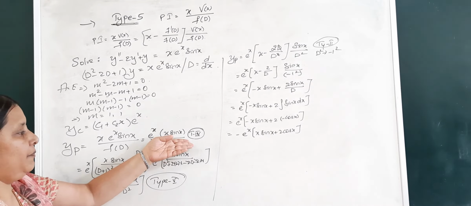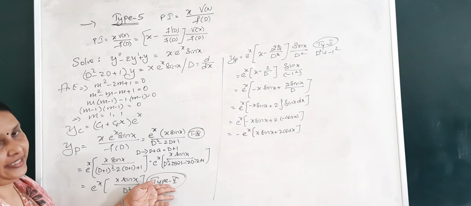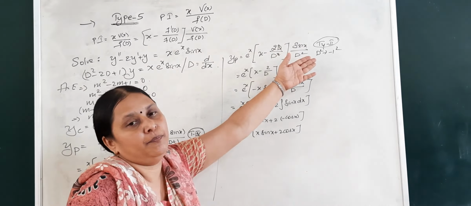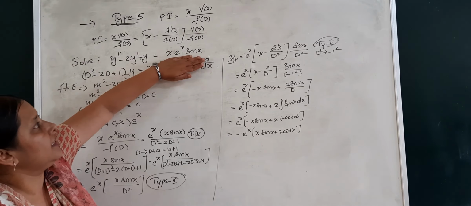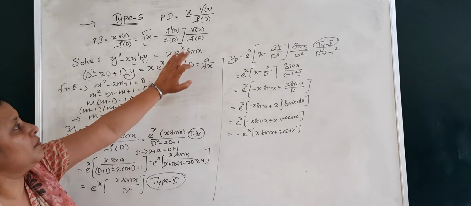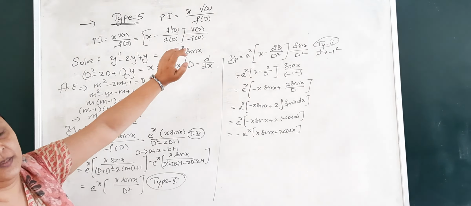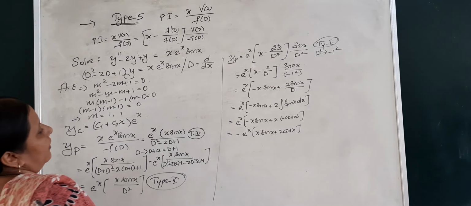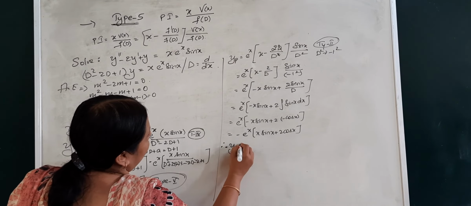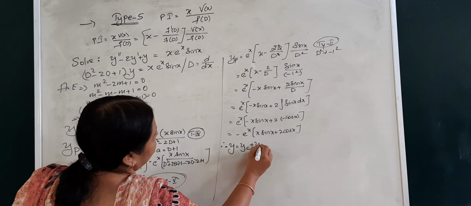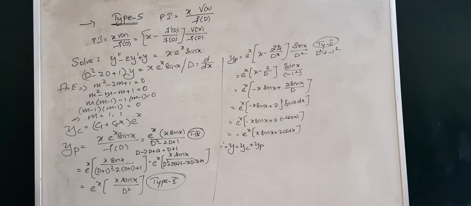First we have applied type 4, next we have applied type 5, and of course we have again applied type 2 as well. Because this function has a product of 3 terms in the non-homogeneous part, that is the right side of the equation.